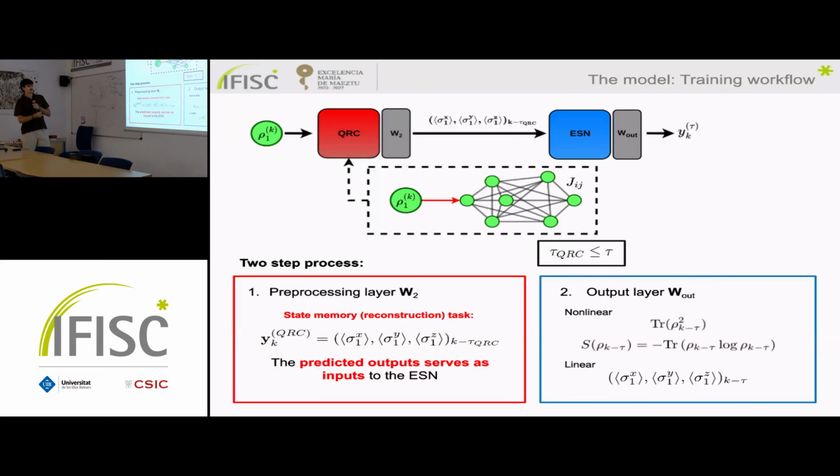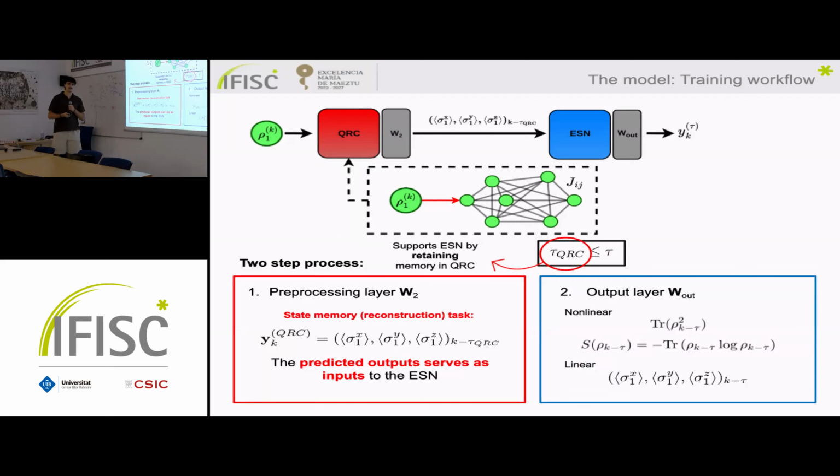Then the output layer of the echo-state network is trained to achieve different tasks, such as the purity or von Neumann entropy, which are nonlinear, but it can also perform linear tasks, such as the same as before, the state memory task. It is important to recall that the preprocessing delay supports the echo-state network by retaining some memory in the quantum reservoir computing.